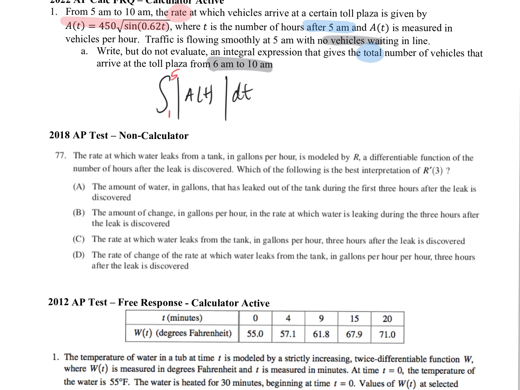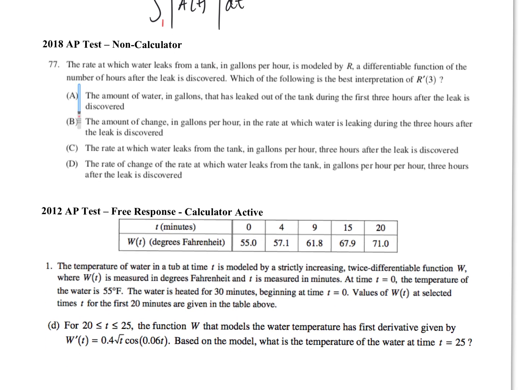Okie dokie. This is from 2018. They said the rate at which water leaks from a tank in gallons per hour is R. They said, which is the best interpretation of R prime? If R is a rate, how many times do I need to see the word rate in an R prime explanation?